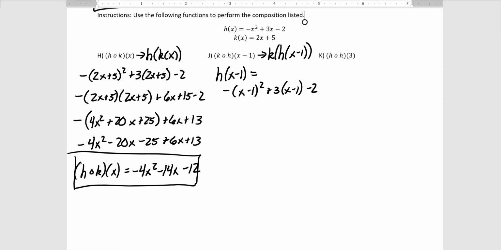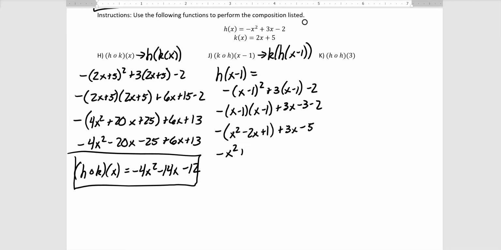And then minus 2. So the opposite of x minus 1 times x minus 1. And then plus 3 times x is 3x. 3 times negative 1 is negative 3 minus 2. If I multiply this out, I'll get x squared minus 2x plus 1 plus 3x minus 5. Negative 3 minus 2 gives me that negative 5.